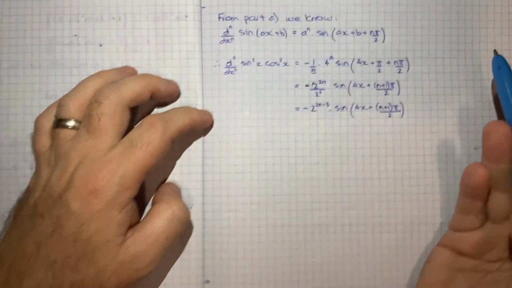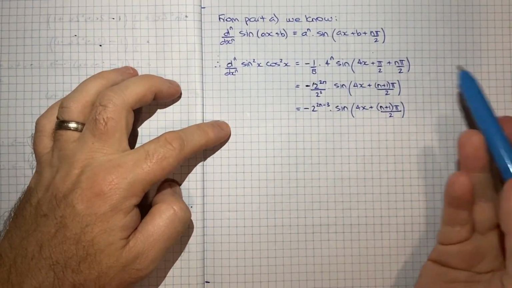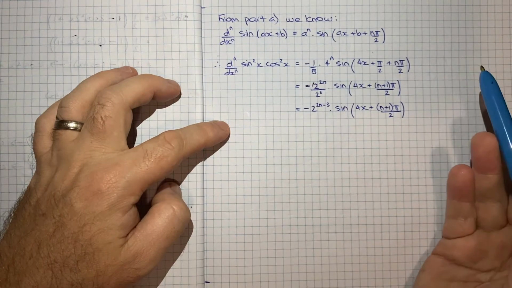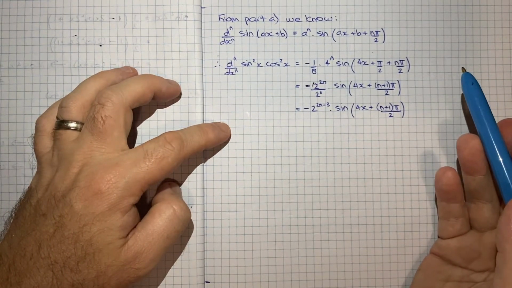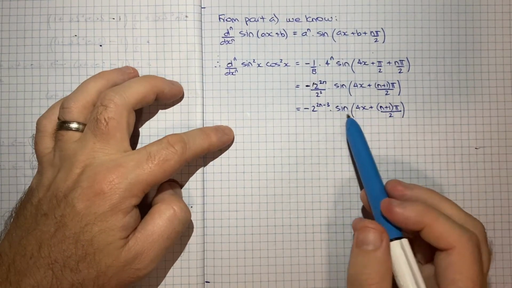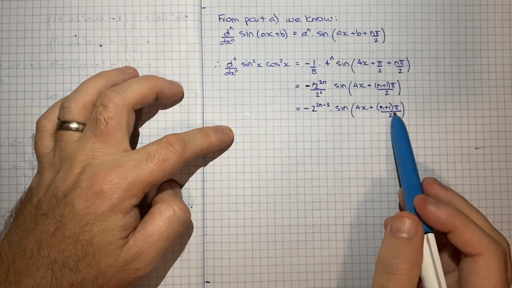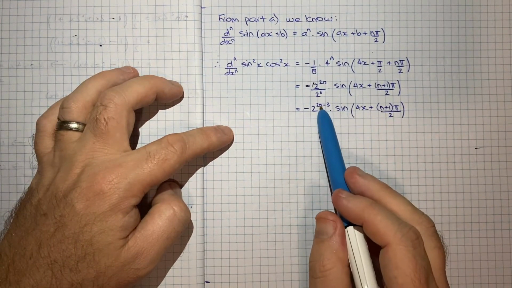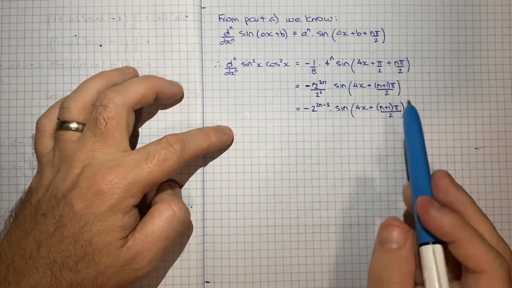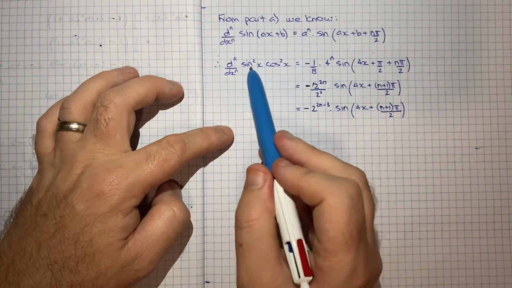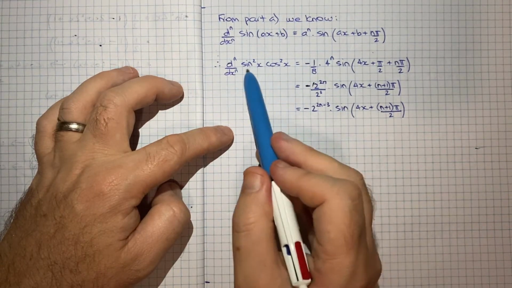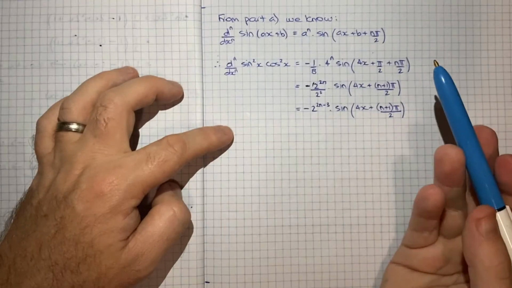And if you wanted to, something I did just to check that I hadn't made a mistake along the way is I opened up a spreadsheet and I entered this in for n is equal to 1. And then I worked out the first derivative of sine squared x cos squared x using the product rule.